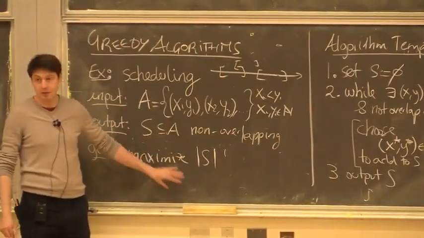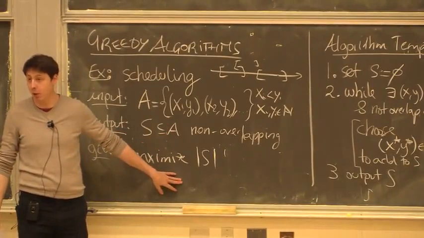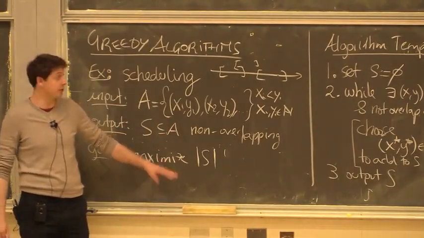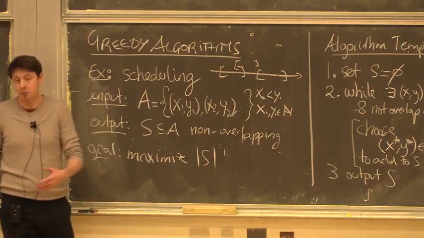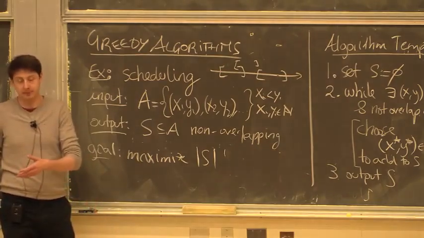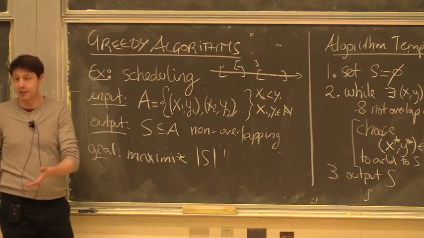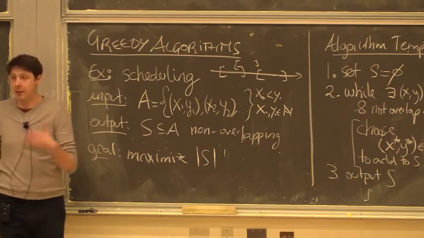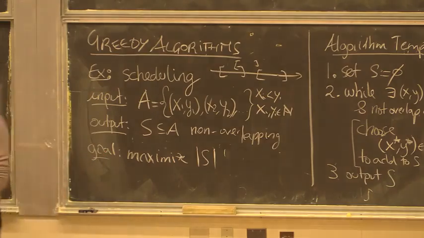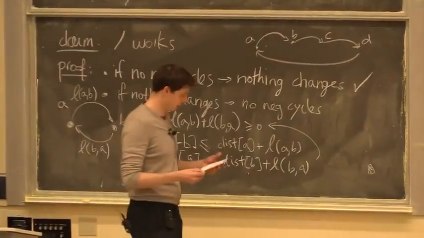All we care about is maximizing the number of things that are scheduled, however they look. That's important because otherwise, indeed, maybe I take out a class from S and I put in a class from G. It does look different, but I'm counting the size. It is the same size. It's just as optimal as it was before.